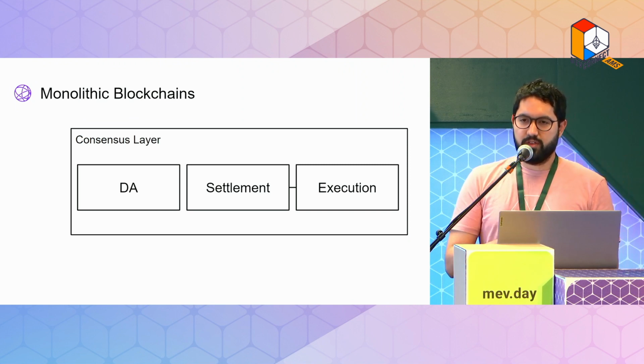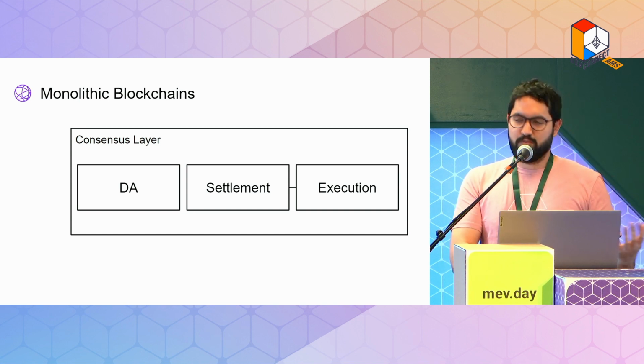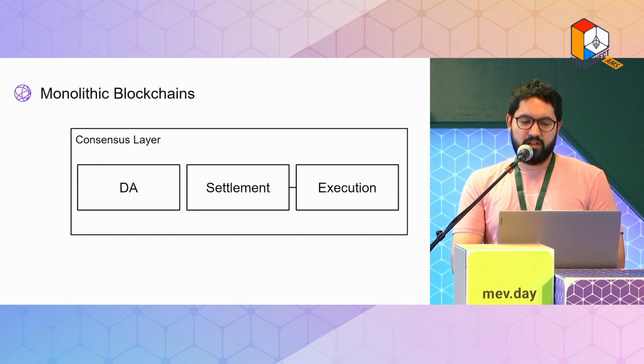So a blockchain like Ethereum or Bitcoin or Solana or literally every blockchain prior to Celestia was a monolithic blockchain. And it does all four of these components all in a single atomic layer.